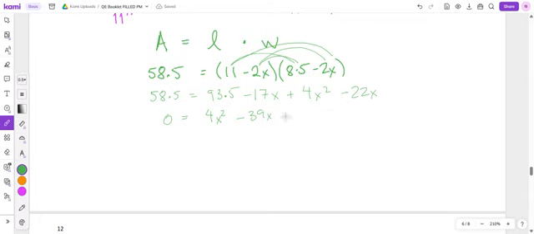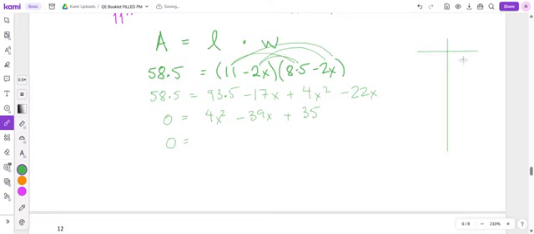Ooh, we might be able to factor. Okay, so we could use quadratic formula. We could factor, right?